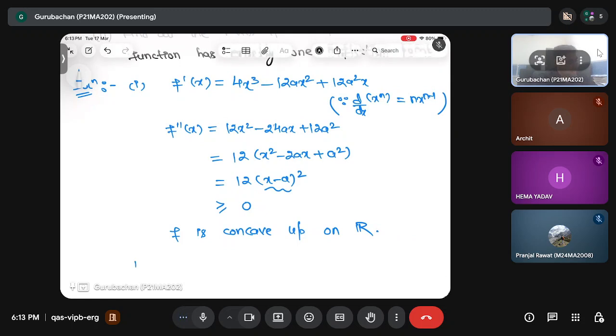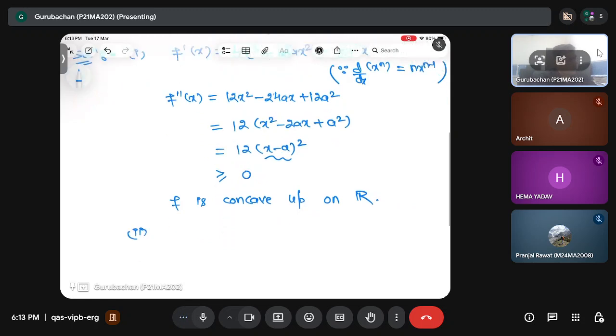Now for the next part, we have to find the inflection point. If you observe here, f double dash of a is 0, but concavity does not change near a.